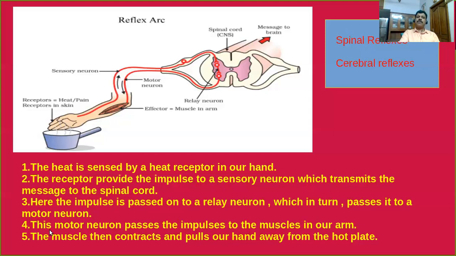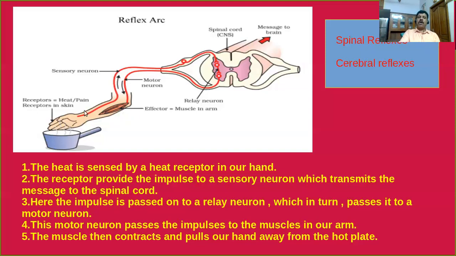What is the function of the motor neuron? This motor neuron passes the impulses to the muscles. The motor neuron transmits the impulses to the muscles in our arm. As a result, what happened? The muscles then contract. As a result, we can pull our hand away from the hot plate.